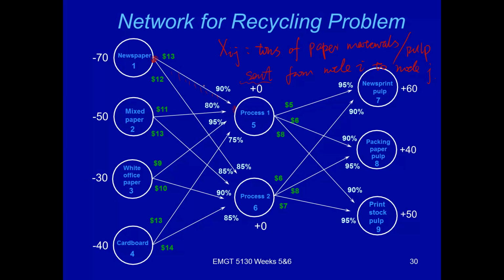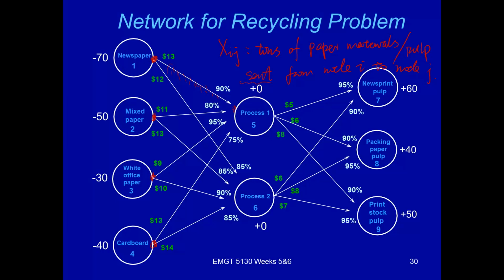So after this first step, we know loss happened along the way. When x15 tons of newspaper material finish this first step and reach node 5, it only has 0.9 times x15 tons left. So "sent" represents the starting volume here.